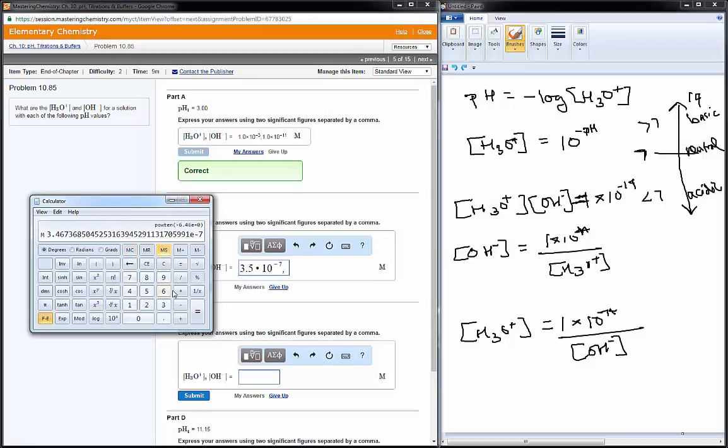So I'm going to store that, and I'm going to say 1 times 10 to the -14th divided by 3.5 times 10 to the -7th. I just recalled that thing I stored. That allows me to keep all my digits, whether they're significant or not, and then I can round at the end. That's always the best idea, to round at the very end. That gives me 2.9 times 10 to the -8th.